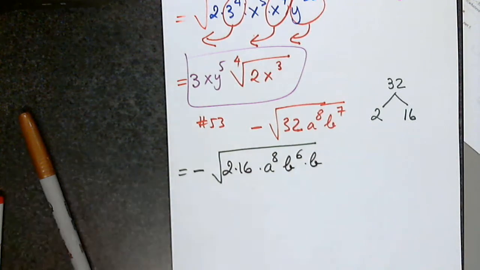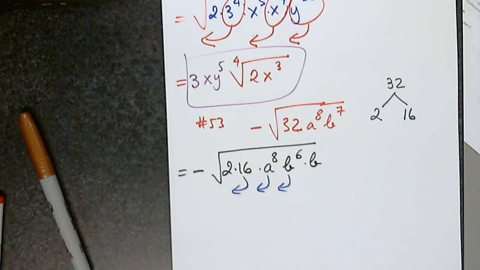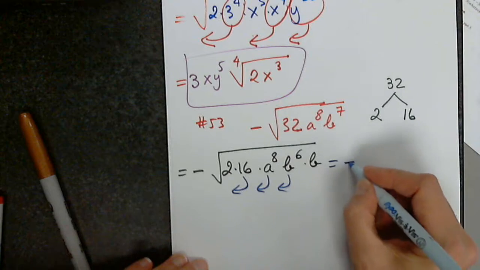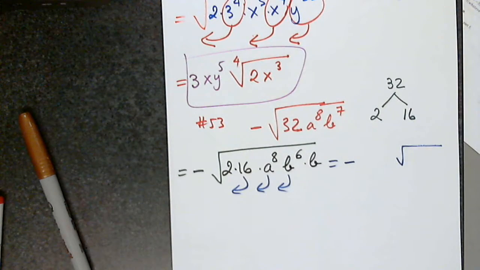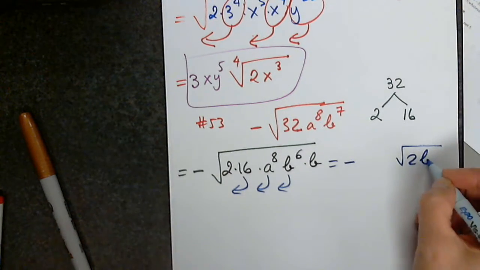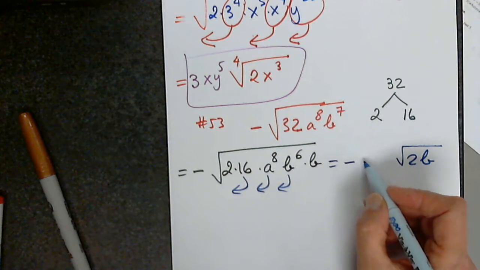What comes out? This will come out, this will come out, and this will come out, for sure. What is left inside? So negative is outside. What will be left under the square root, because there is nothing I can do about it? 2b, of course. So please tell me what comes out then. The square root of 16, which is 4.